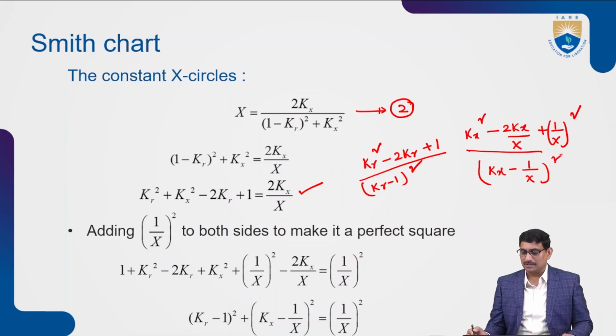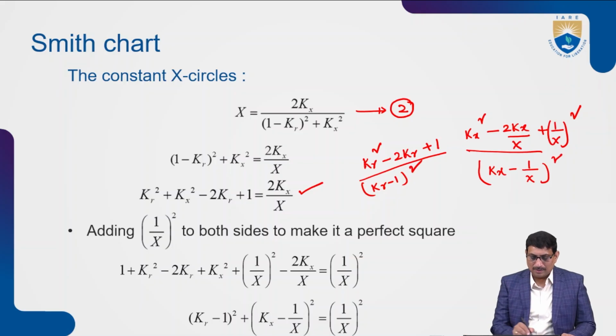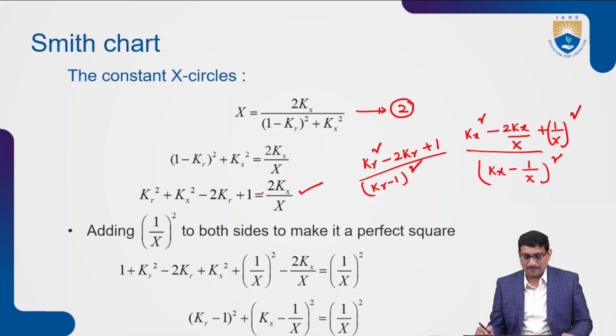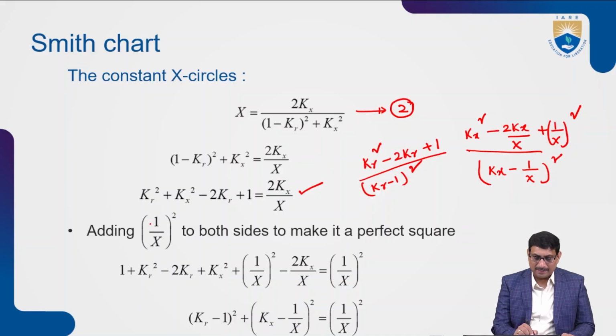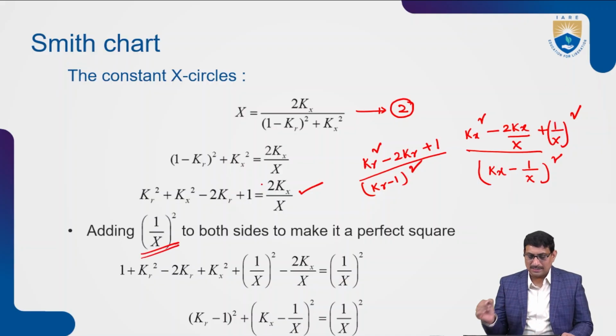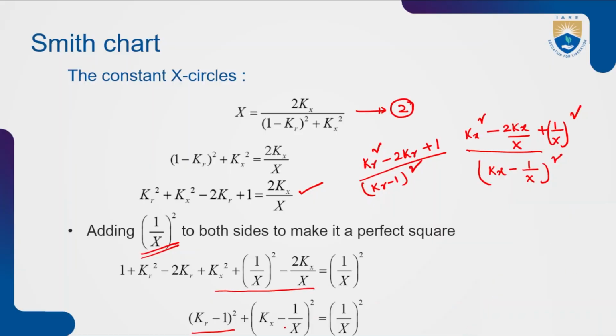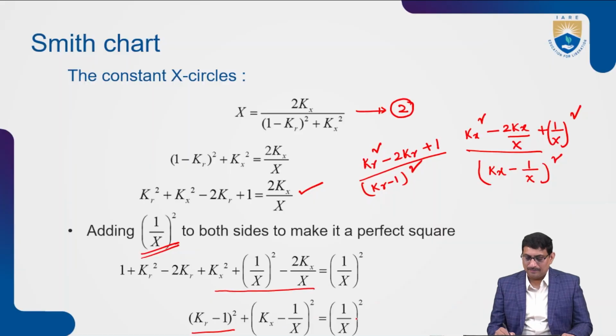So I am adding 1 by X square on both sides of the above equation. We get (kR minus 1) square, and the other one, kX square plus (1 by X) square minus 2kX divided by capital X, which I can write as the perfect square (kX minus 1 by X) whole square, equal to (1 by X) whole square.